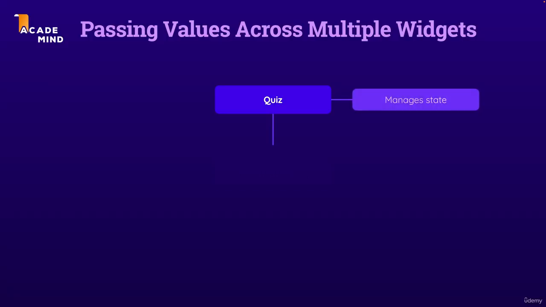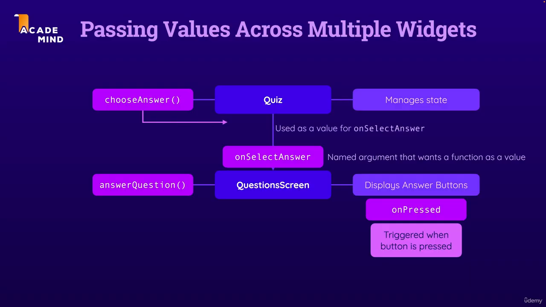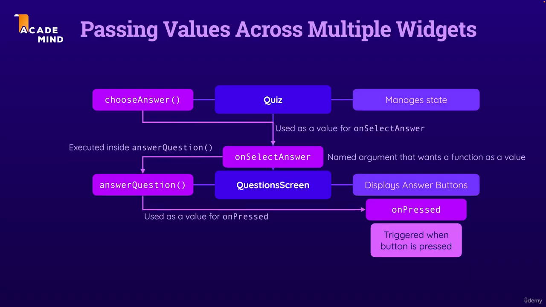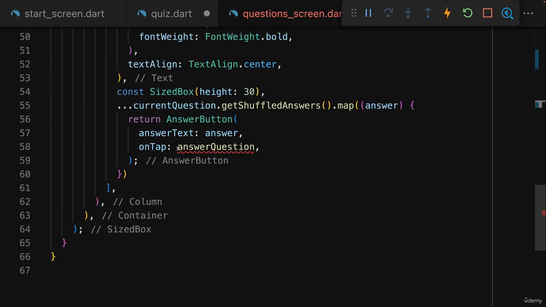So we have a chain of functions here that need to work together to make sure that the selected answer is passed to the topmost widget that needs it when one of these answer buttons was clicked. Now at the moment, answer question doesn't get this string here though. We want to get a string here, but in the place where we're using answer question, it won't get this string.